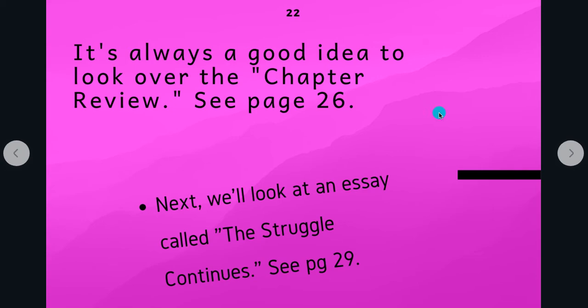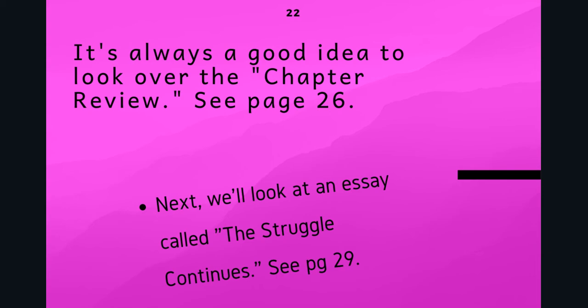All right, I also want to remind you, point out for you, on page 26, there's a chapter review, and you'll notice that it's in a yellow color, and it says chapter review at the top, and it summarizes the most important points from the chapter. It's always a good idea to look over the chapter review. It only takes a couple of minutes, and it's a pretty good summary.